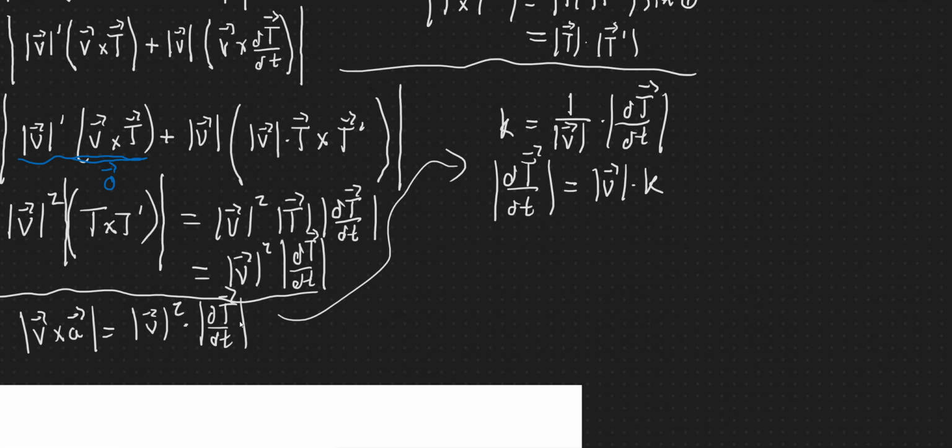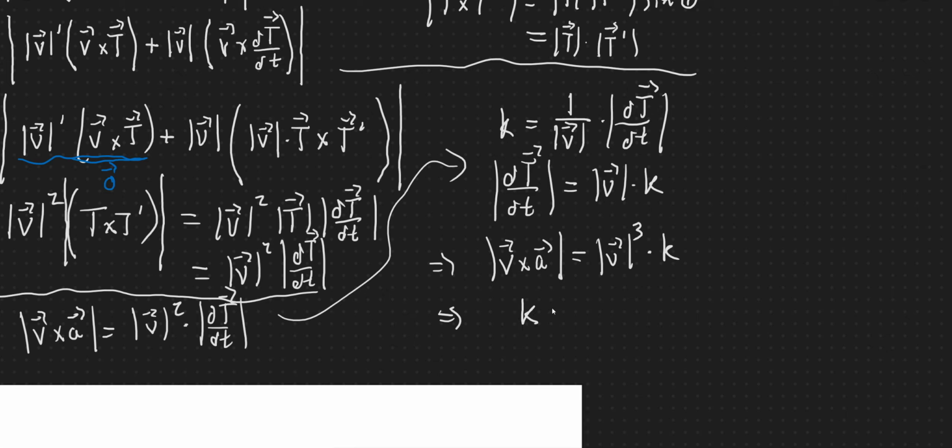And I have that quantity over here, so I'm going to go ahead and substitute that, so I have v cross a in terms of curvature. So with that, I get magnitude of v cross a is magnitude of v cubed times the curvature. And here we are, finally at our conclusion.